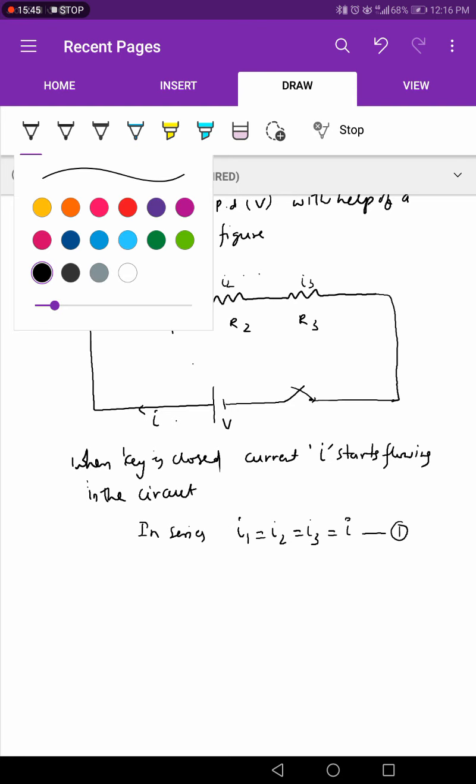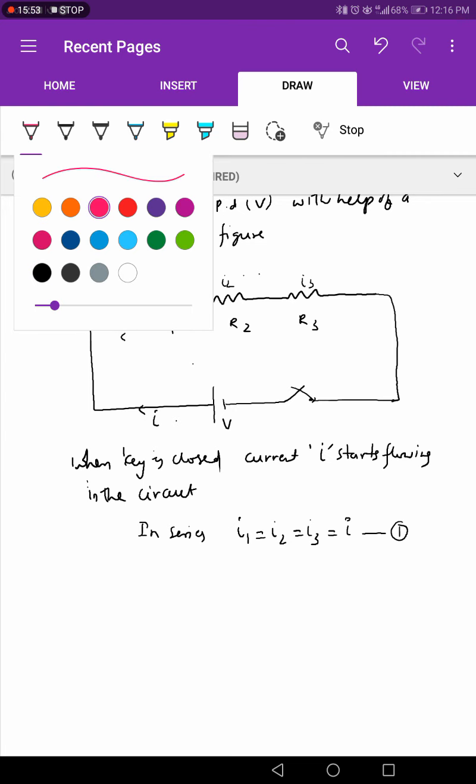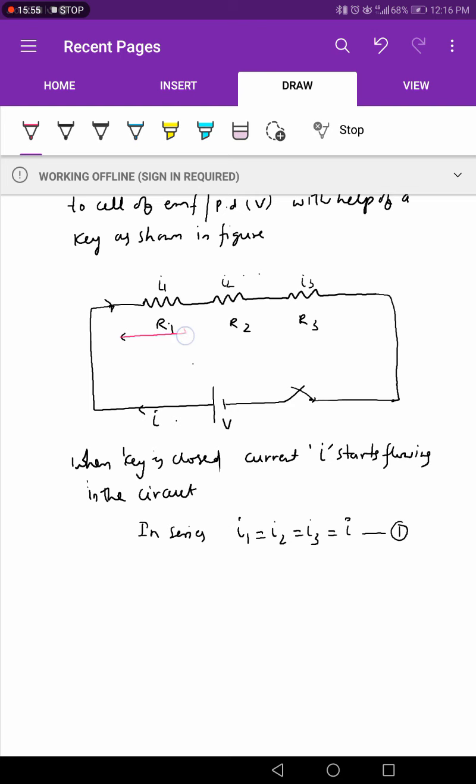Next, what happens in the case of potential drop? Here the potential drop across 1 will be V1, which is I1 R1, and across 2, V2 is equal to I2 R2, across 3, V3 is equal to I3 R3. Why?